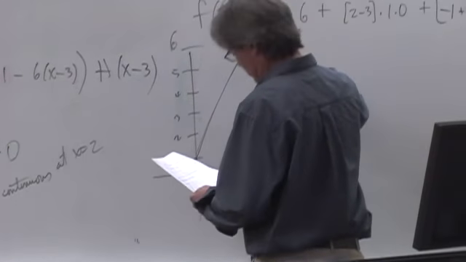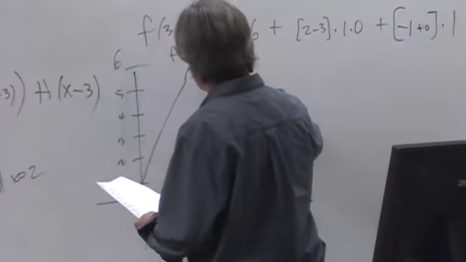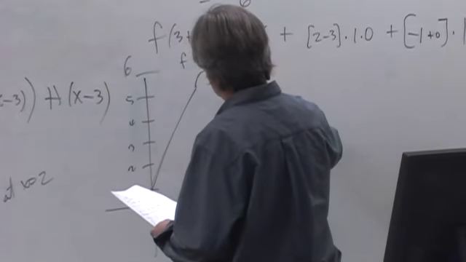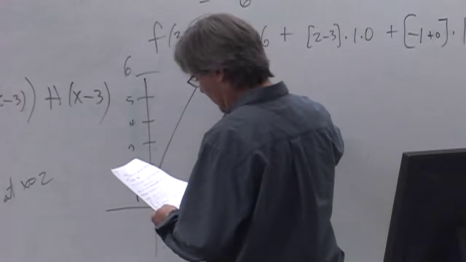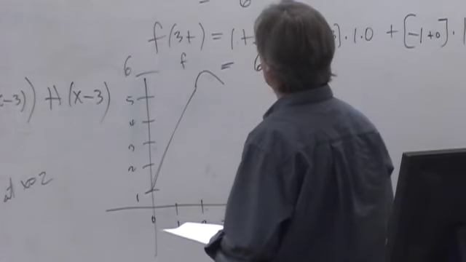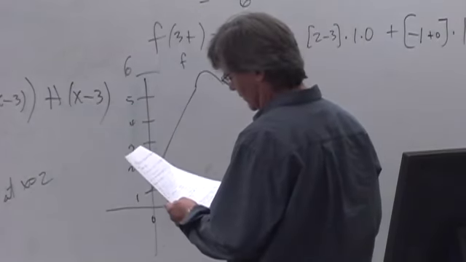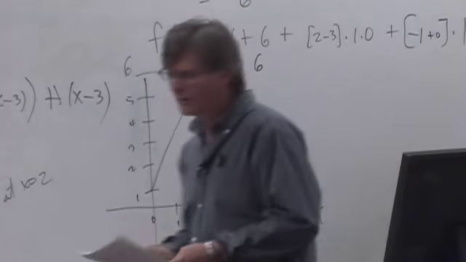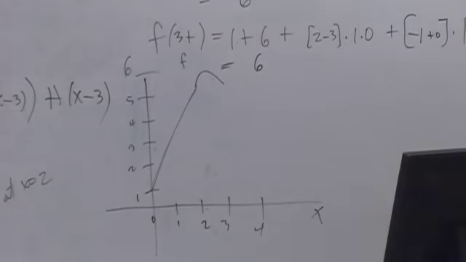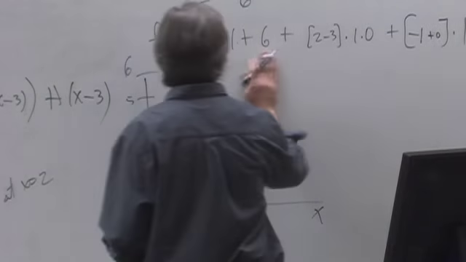Let's see. It goes back down to 5, comes back down to 5 at x equals 3. Is that right? No, it comes down to 6. What did I do? I made the picture wrong, probably. Where's my actually good picture? Yeah, it goes like this. Oh, sorry. I made the picture wrong, so maybe you should correct it.